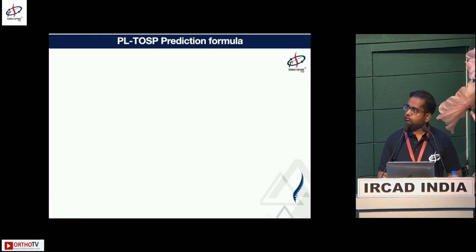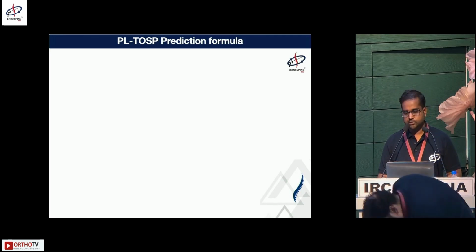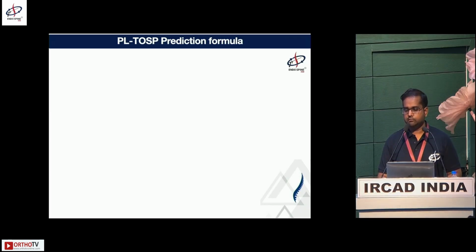So initially we were marking all these entry points and then marking the PL-TOSP. But over time we tried to figure out whether pre-operatively we can find a formula so that we can find the PL-TOSP entry based on the patient's physical parameters.